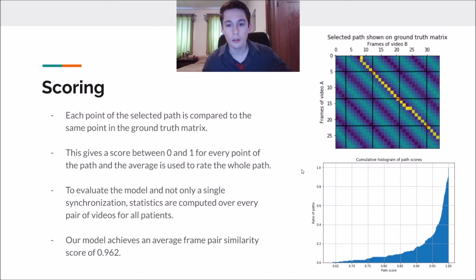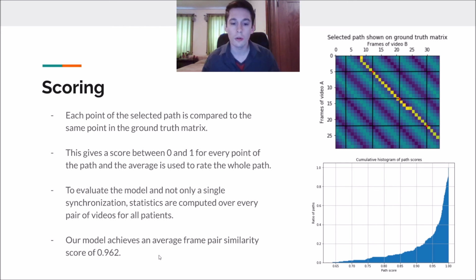And to evaluate the whole model and not a single synchronization, we compute the score for every pair of videos for all patients. As you can see in this cumulative histogram, the bottom 10% of the synchronizations scored between 0.65 and 0.85, while the top 10% have a perfect score of 1.